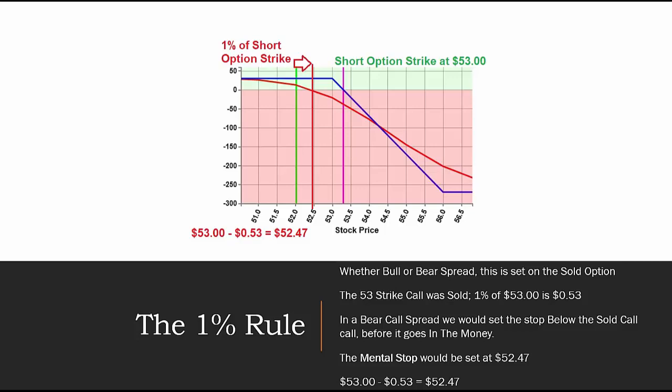We don't want the stock to go above 53, up to 53.50, 53.60, 54, and so forth. We want to look to adjust or potentially close the position if the stock reaches within 1% of our short option strike price. So in this case, 1% rule, we'd set the mental stop at $52.47. 53, the strike price of our sold call, minus 1%, 53 cents.